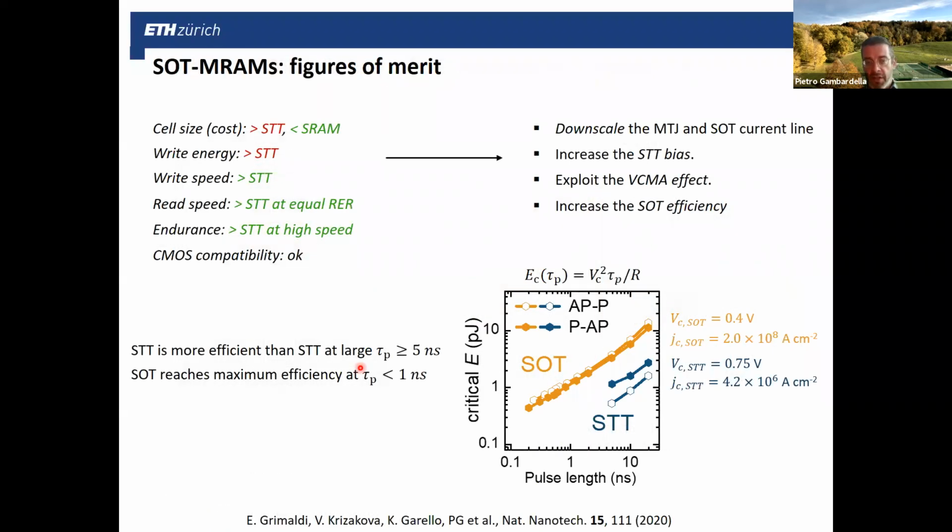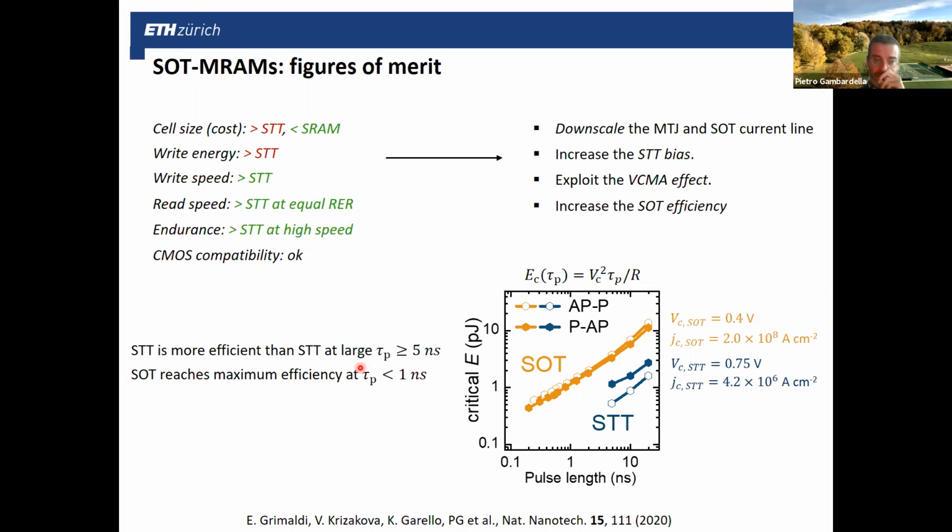So then from the point of view of device application, it is interesting to compare the performances of a magnetic tunnel junction that is operated by spin-orbit torques versus spin transfer torques. And these are interesting comparisons if you want to make a magnetic random access memory, which nowadays are made using spin transfer torque magnetic tunnel junctions.